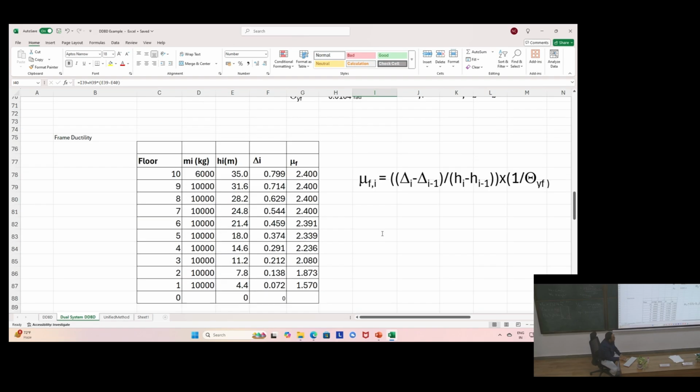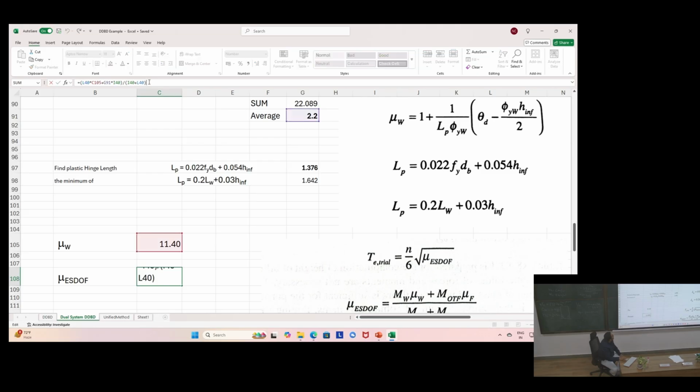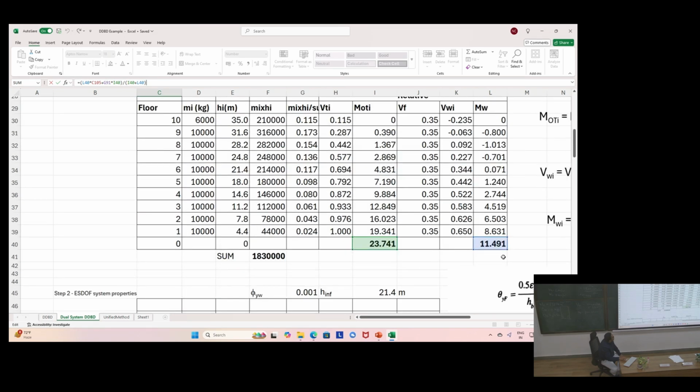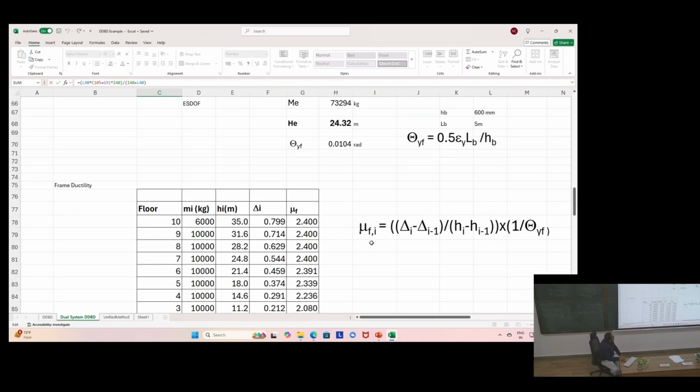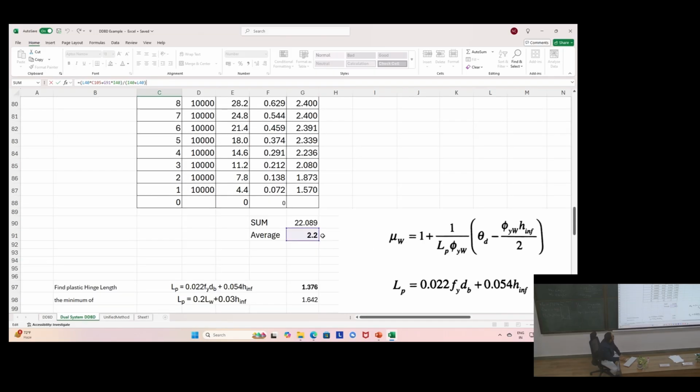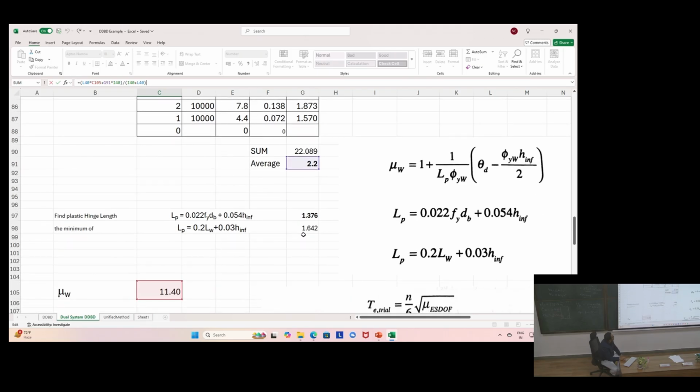So your mu S-DOF is, if you look, you have your L40, which is 11.49, your overturning moment of the wall, and then I40 here, which is your overturning moment of the frame, times your two mu's, which is 2.2 for frame and 11.4 for wall.